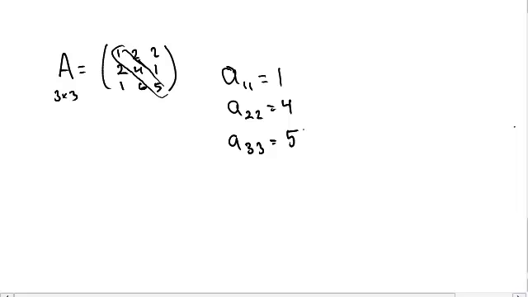So we can see that for diagonal elements, the row index and the column index are always the same. And that's why we can denote the diagonal element by a_{ii}, where i goes from 1 to n. And whenever i and j are different in this notation, then we're dealing with an off-diagonal element.